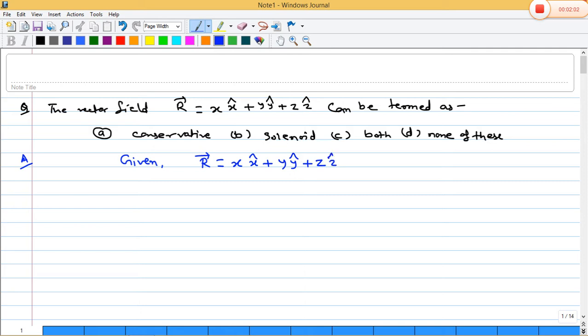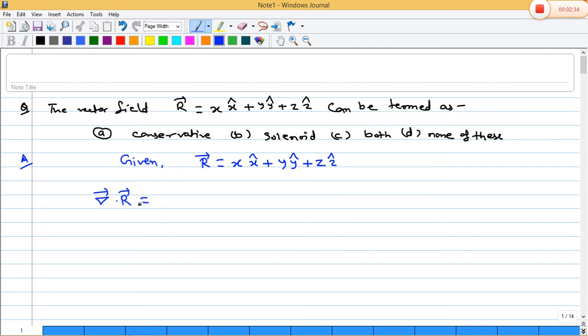Is that clear? Okay. What is the solenoid condition? The solenoid condition is that the divergence will be 0, and the conservative condition is that the curl will be 0. Is that clear? Okay. Now first of all, we will try to find the divergence of R.